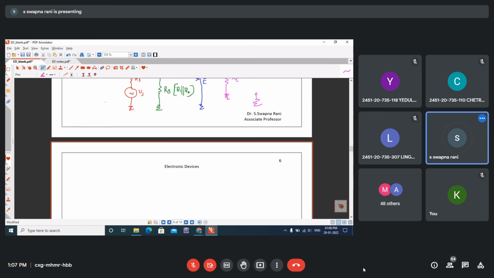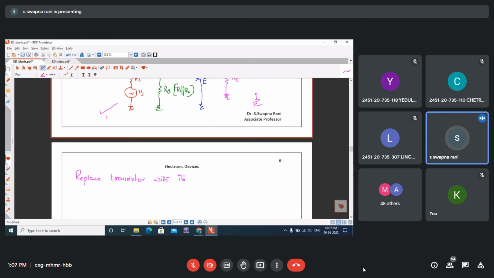Now the next step is to replace the transistor with its model, either approximate or exact.